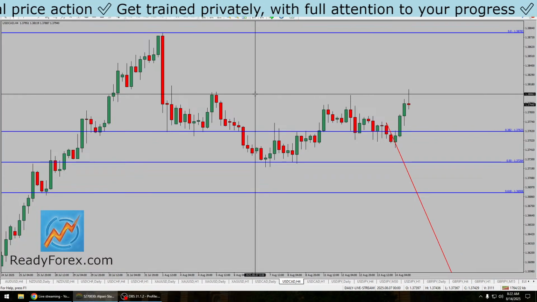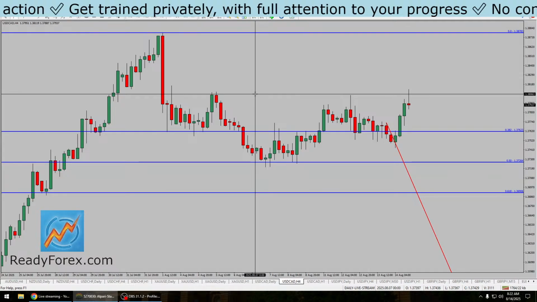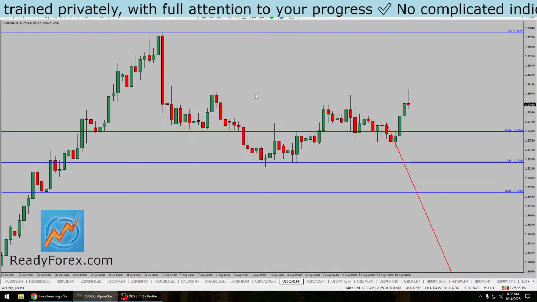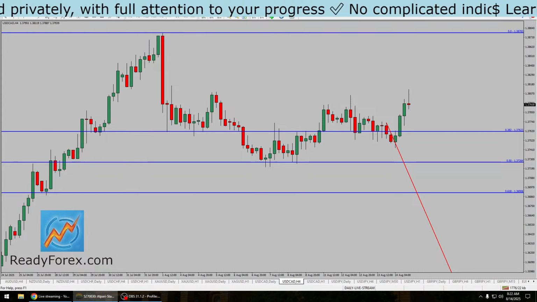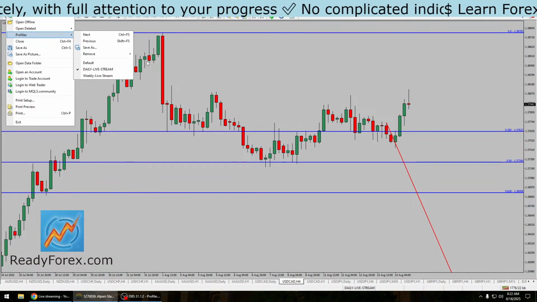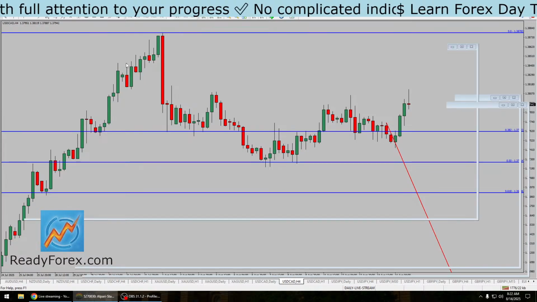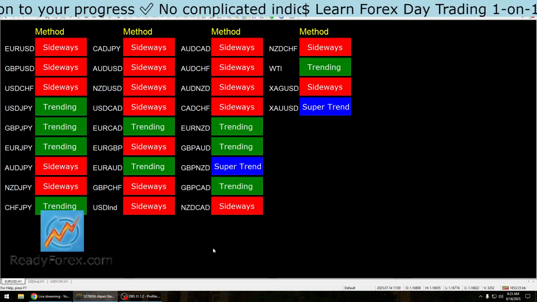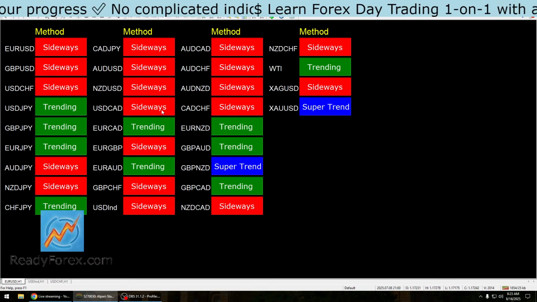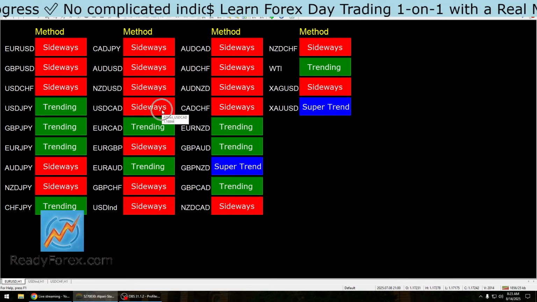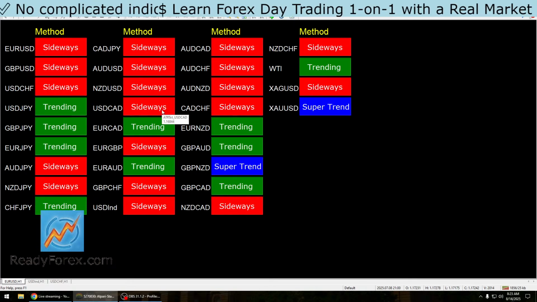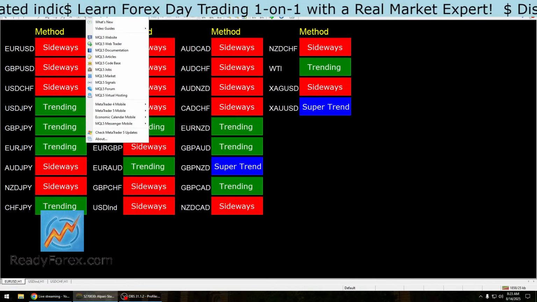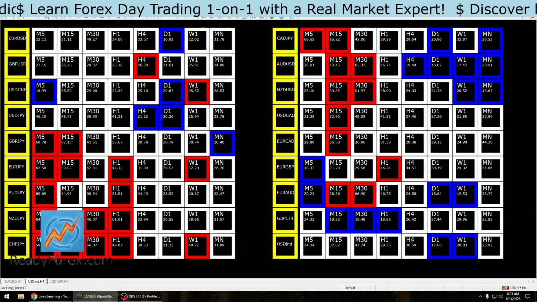Okay, so inside USDCAD, let me go back to the radar screen. Let's see what's going on. USDCAD must be sideways. Where's, yes, here it is. This is the one. USDCAD sideways. Let's see what's going on with other stuff.